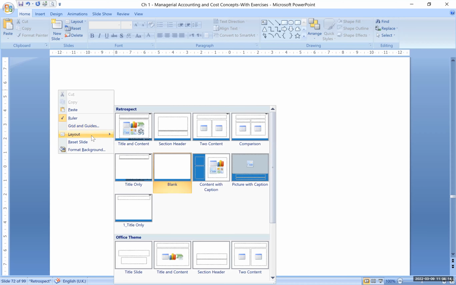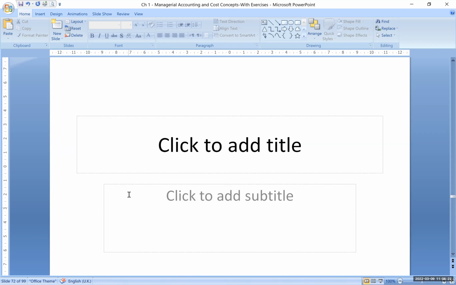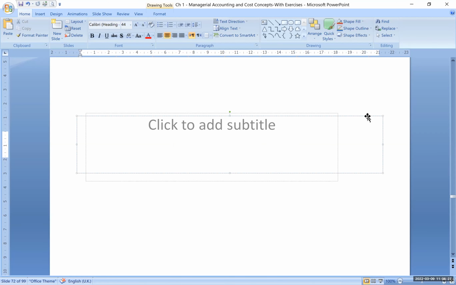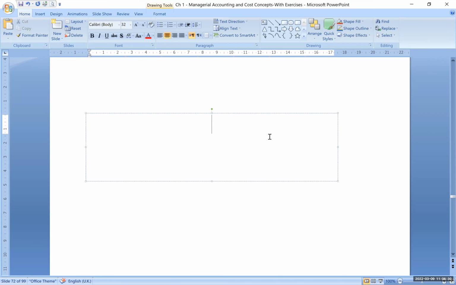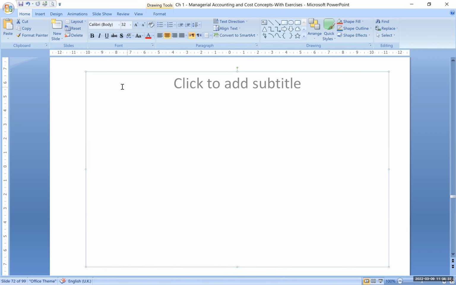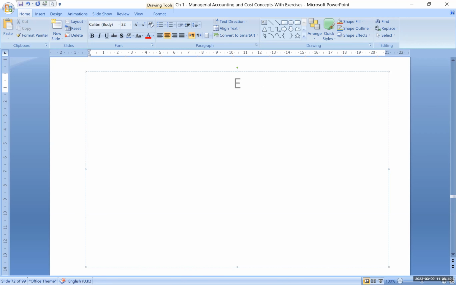Let's write down the answer. So the answer for exercise 1-7, number 1A, will be what?